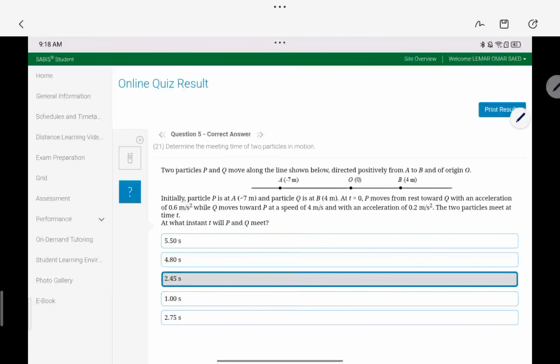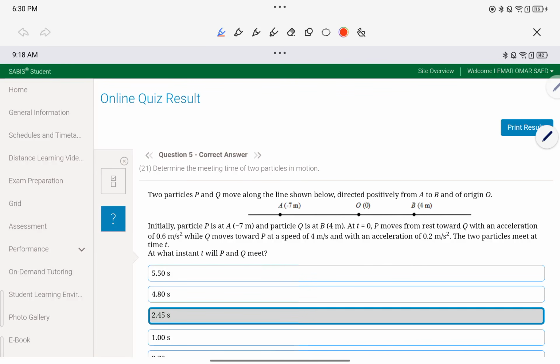Okay, this question was really, really confusing. But look, it's really easy. They're saying particle P and particle Q. Fine, you're going to put particle P and Q equal to each other. So look, listen. XP is equal to XQ.